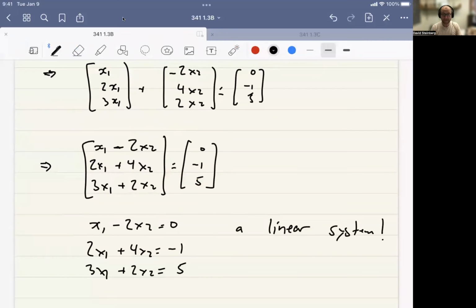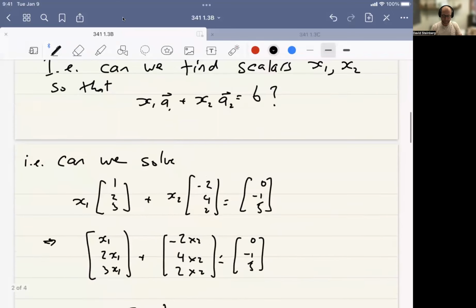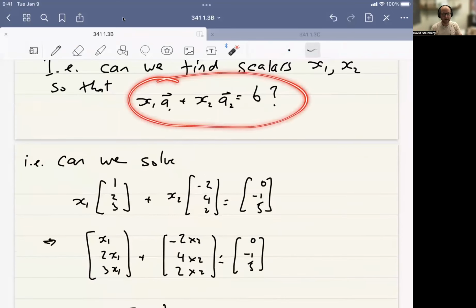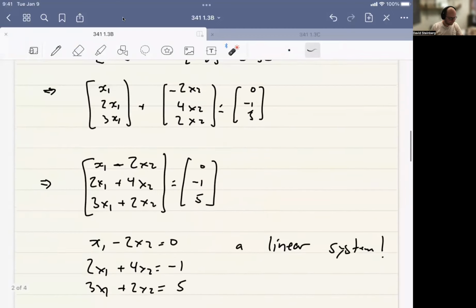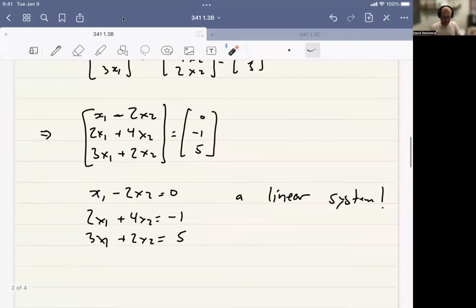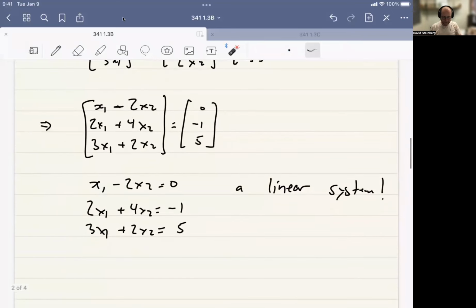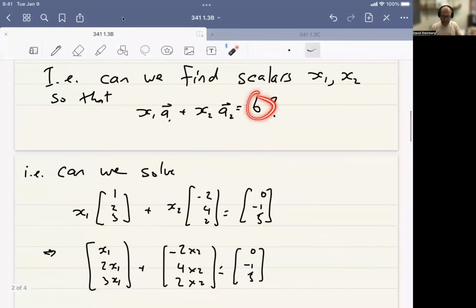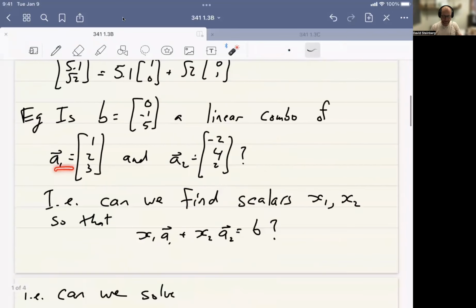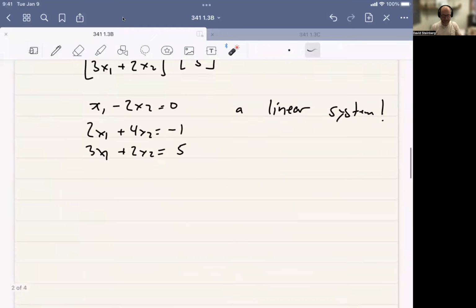So these vector equations are equivalent to linear systems. What we know then is that b is going to be a linear combination of a1 and a2 if this linear system has a solution.